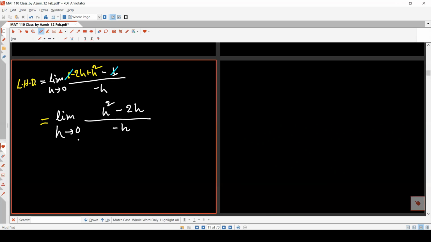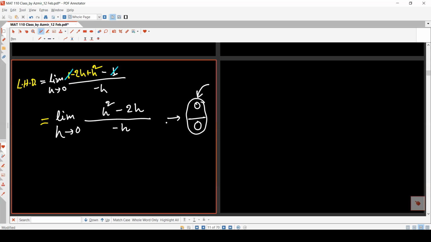So you can now check by plugging in the value of a. If we input the value of a here, 0 minus 2 times 0. So in the upper part, we are getting 0. In the lower part, or denominator, we have 0. That means whenever we have 0 divided by 0, we can apply L'Hopital's rule.